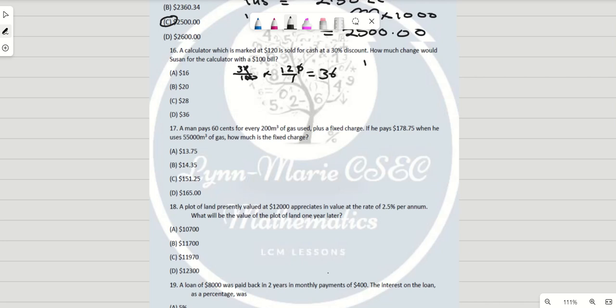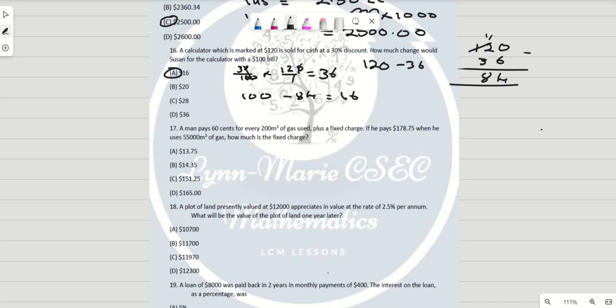So the cost of the calculator would be 120 minus 36. Right, let's minus 120 minus 36. Right, this is 4. This is 11. 3, 4, 5, 6, 7, 8, 9, 10, 11. That is $84, right? If she paid 84 for the calculator, then the change would be 100 minus 84, which is equals to 16. So my answer is A.